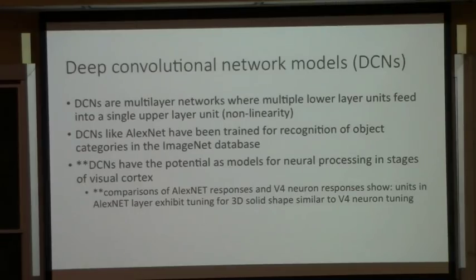The important aspect is that he ties it back to neural processing, because these DCNs can be used as models for neural processing in stages of visual cortex. I thought this was really cool. In his slides, he shows comparisons of AlexNet's responses and a V4 neuron's responses, and they're actually pretty similar.